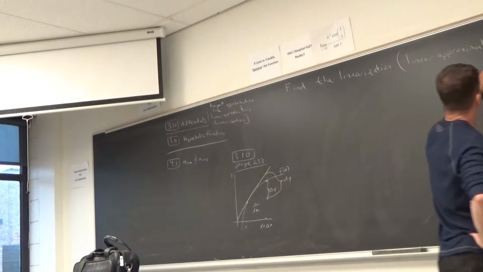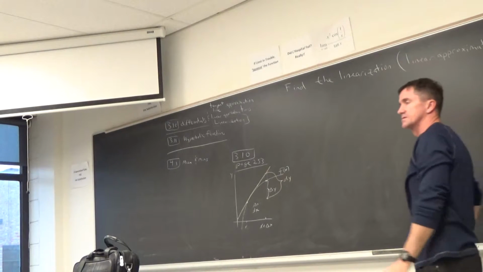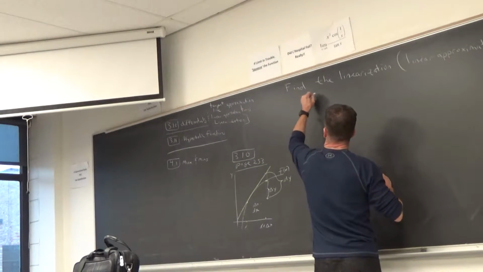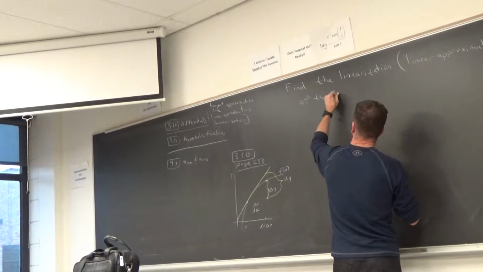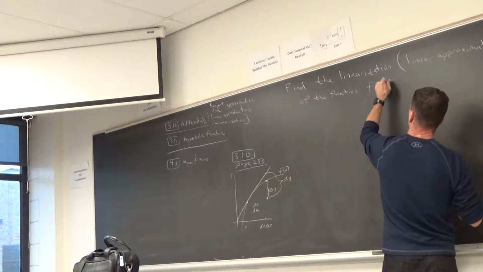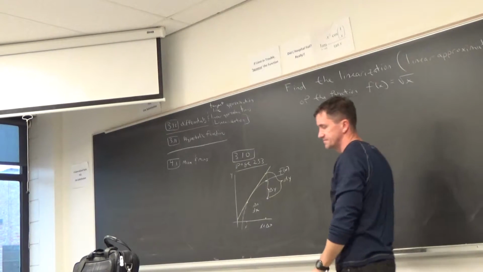We can call it L of x. We're writing it as a function, L of x, of the function f of x equal to the square root of x.